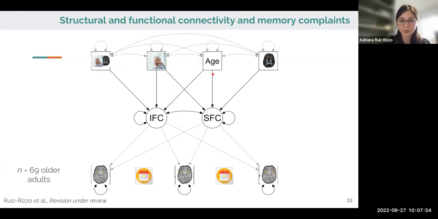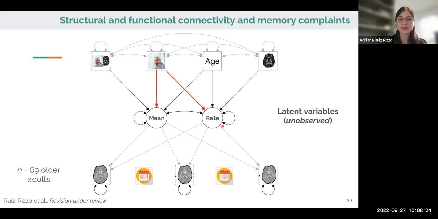Now, we wanted to see the effect of all these variables on 2 latent variables that are unobserved, but we know they exist, and that can capture very well what happens across time points. These were the mean functional connectivity and the rate of change in functional connectivity.